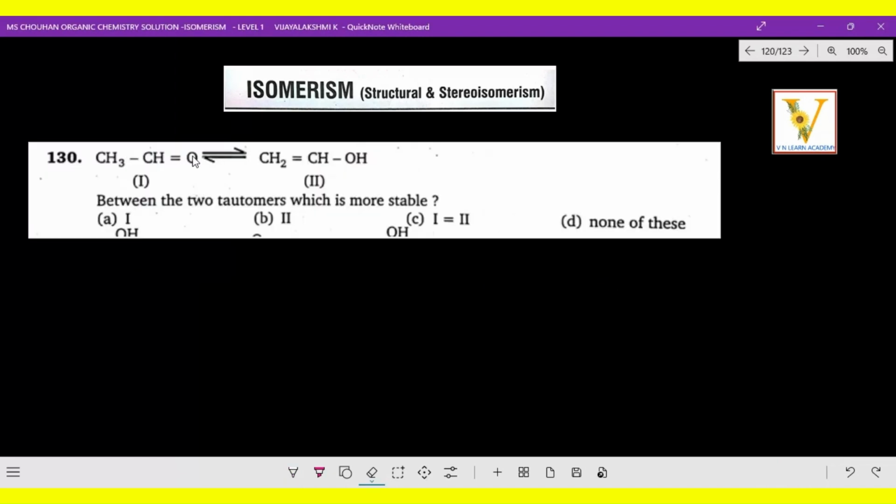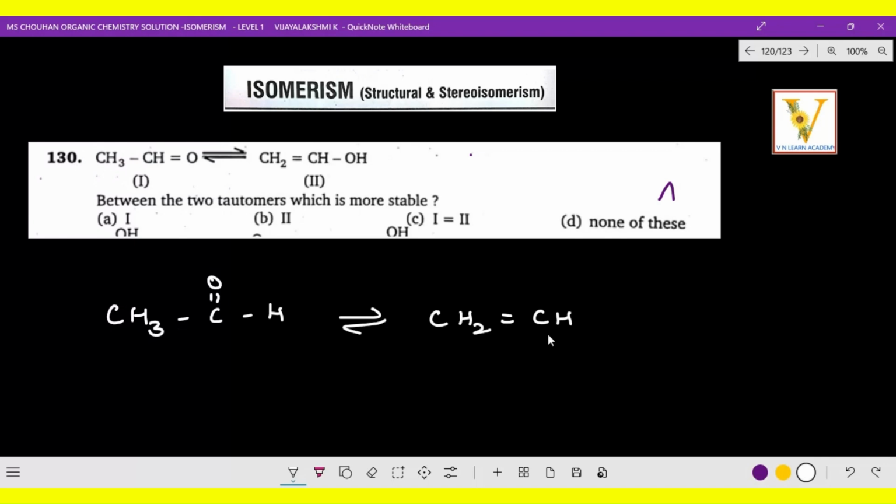Come on, CH3CHO reversible CH2=CHOH. Between these two tautomers, which is more stable, they are asking. Here CH3 C double bond O with H, it looks like an aldehyde only. Here CH2 double bond CH with OH.